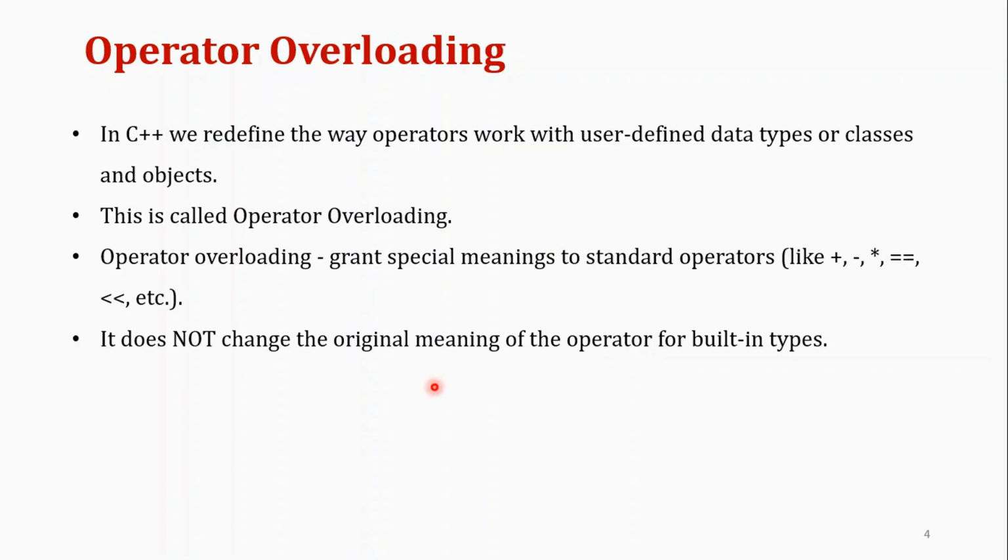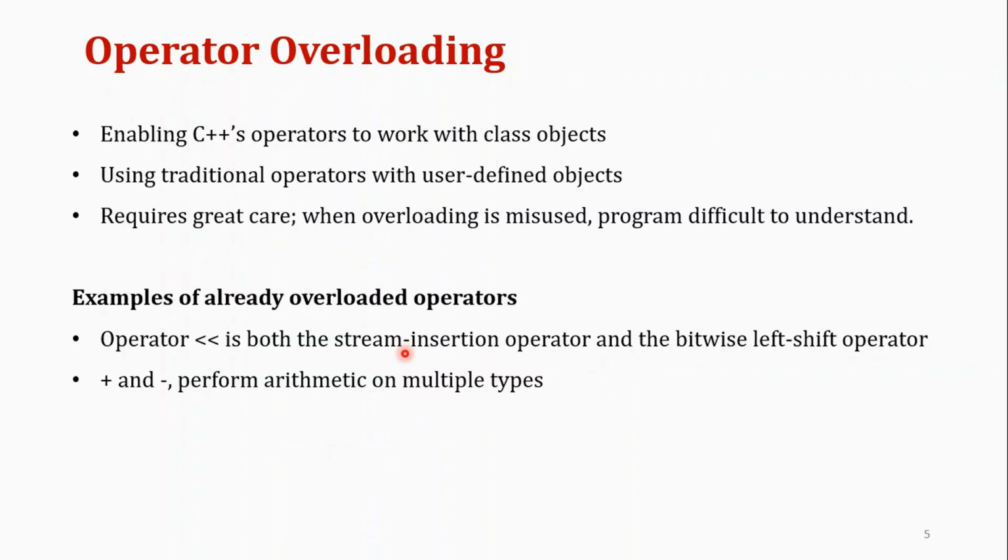For example, if you are overloading the arithmetic plus operator, the basic meaning is addition of two operands. In the same way, overloading the plus operator is going to be addition of two objects or two entities. That is operator overloading: enabling C++ operators to work with classes and objects.